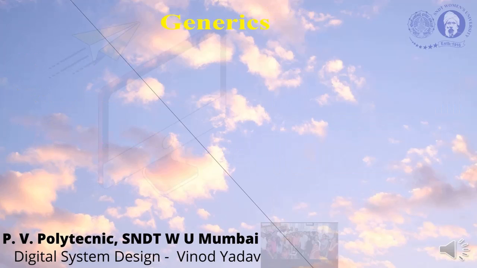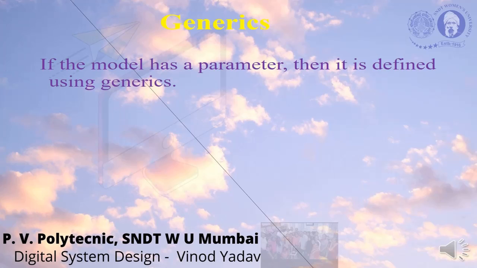Okay. Then the first thing we have learned is we can define ports in the entity. Then we can define generics in the entity. The generics are actually the model parameters. You define it like this: generic, gain, the data type for this is integer, and the value for this is 4.